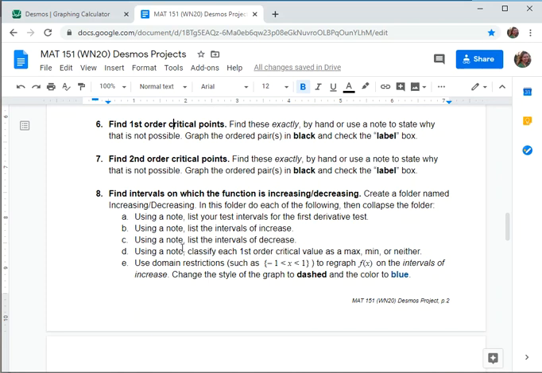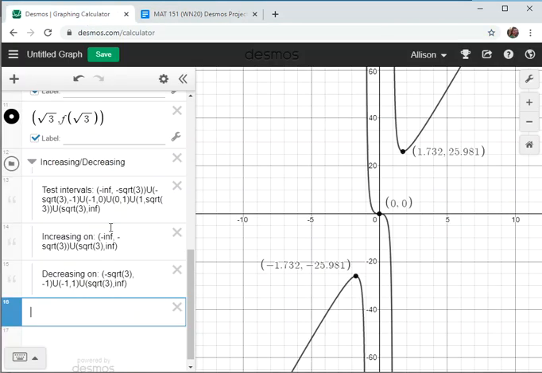Using a note, another note, classify each first order critical value as max, min, or neither. Okay, so again, a note that said that x equals the negative square root of 3 was a, let me look back, we said max, or how about this?